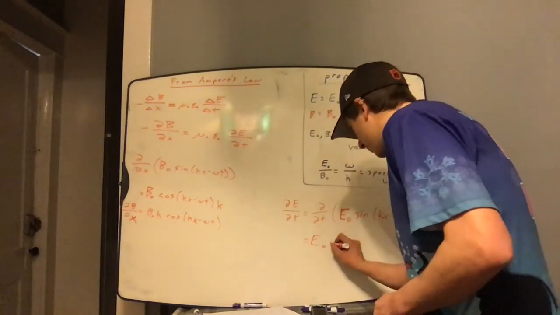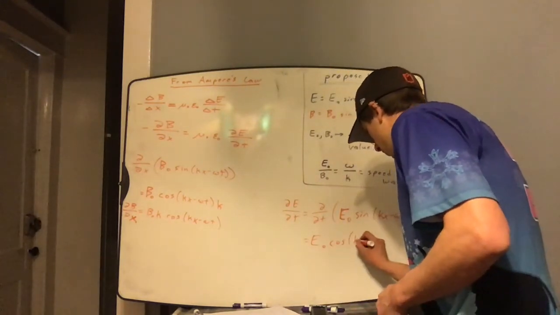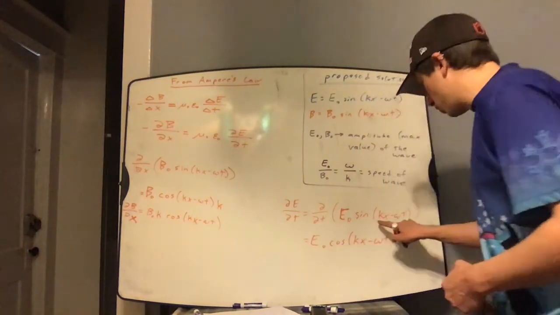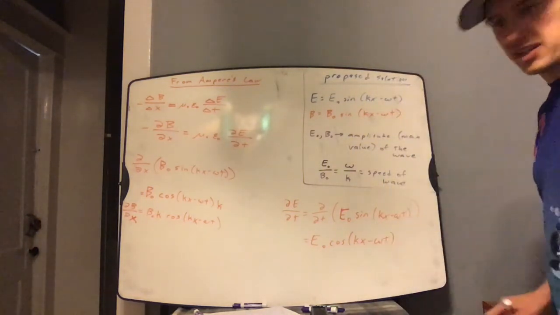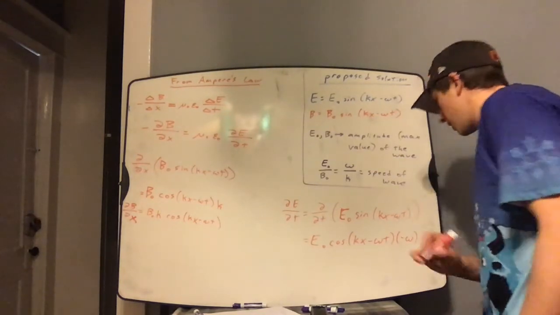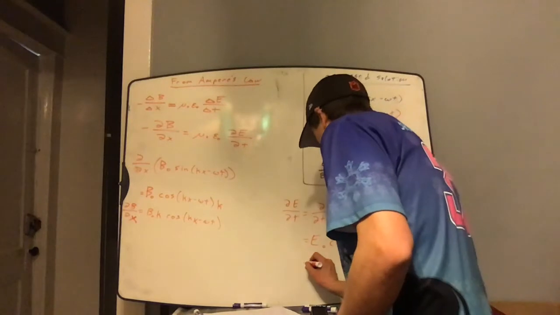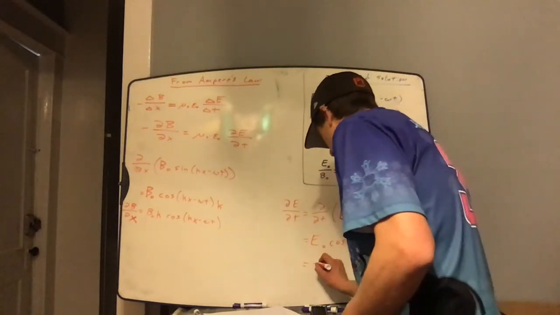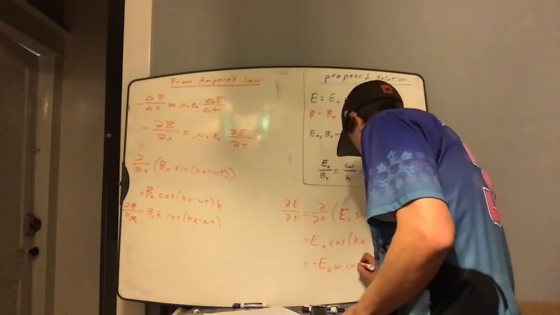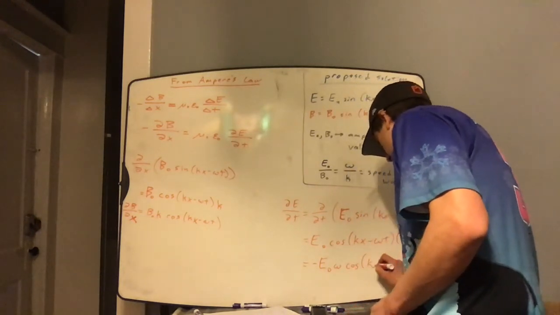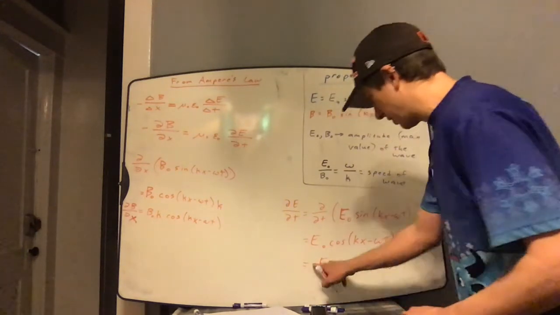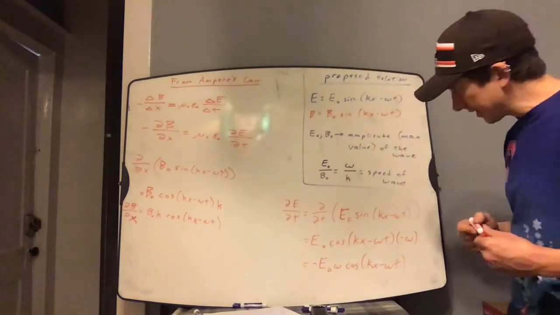Then sine becomes cosine. We just leave the inside alone for the moment. Then the derivative of the inside with respect to time will become negative omega. So I get the partial of the electric field with respect to time is negative E naught omega cosine kx minus omega t. The negative omega, here's the negative, there's the omega.